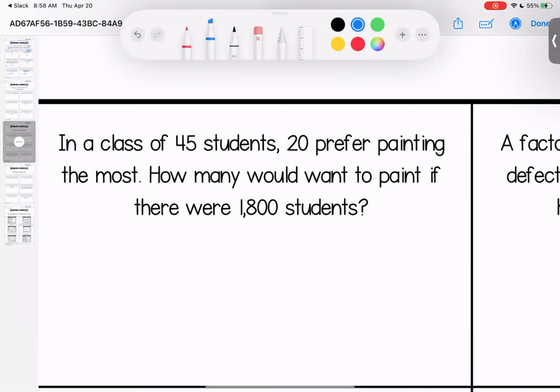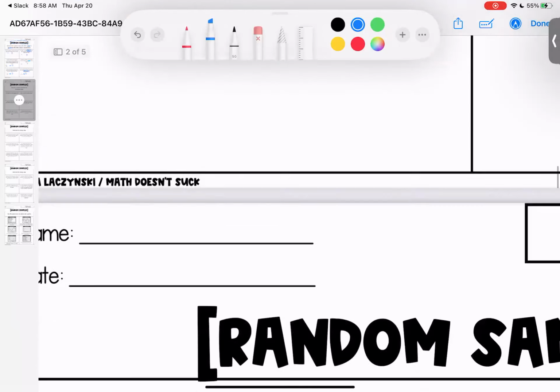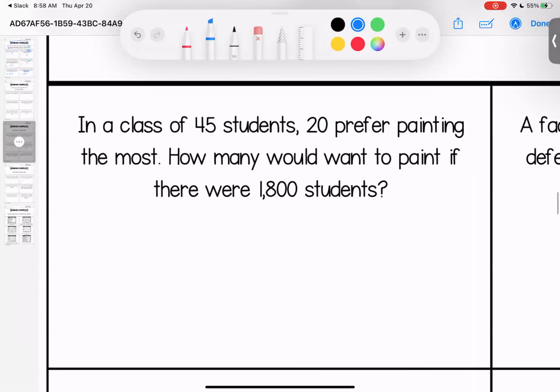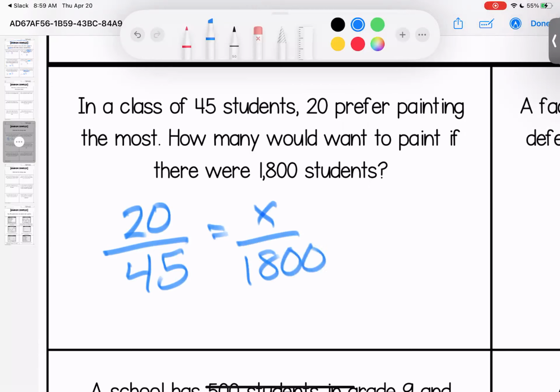In a class of 45 students, 20 prefer painting. How many would want to paint if there were 1,800? So we have 20 out of 45 equals x out of 1,800.